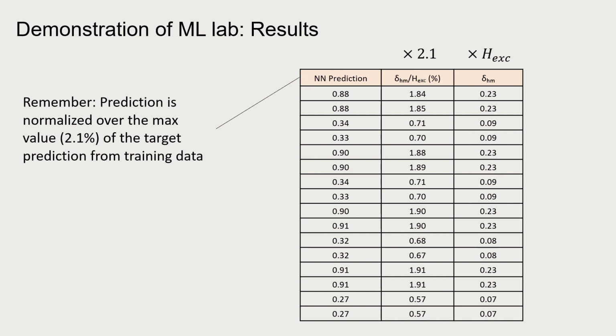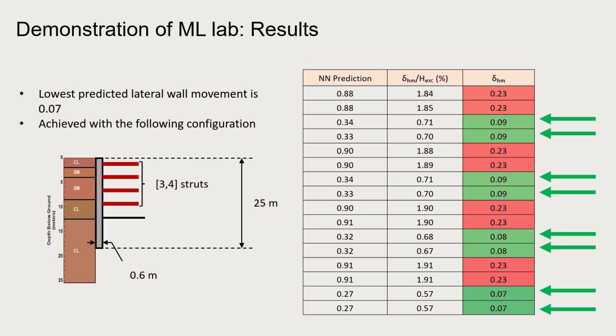So let's see what we have here. Again, here we have the design alternatives. We have the 25-meter long wall, 0.6 meter thick, 3 to 4 struts, and the expected results of the feasible alternative. This configuration here is for the 0.07 meter displacement, which is 7 centimeters, very close to the 6 centimeters required by design.